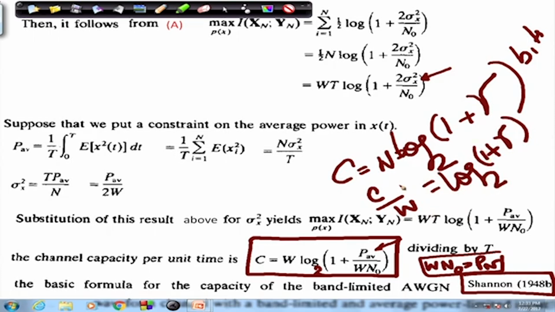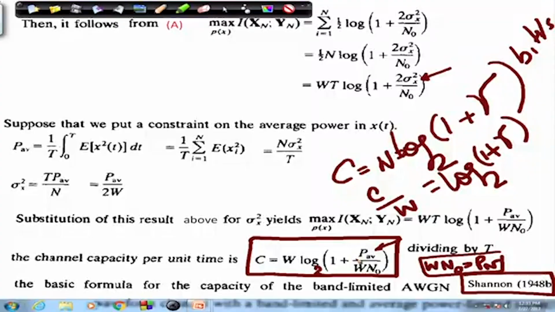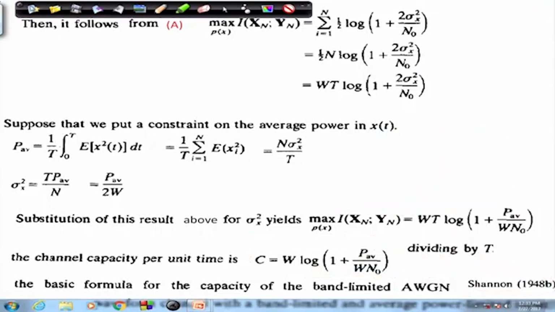So C is bits per second per hertz, or bits per channel use; sometimes we also call it bits per channel use. Given a particular bandwidth W, you could use this expression to calculate the number of bits that could be sent per second per hertz. This is known as the spectral efficiency of the channel.